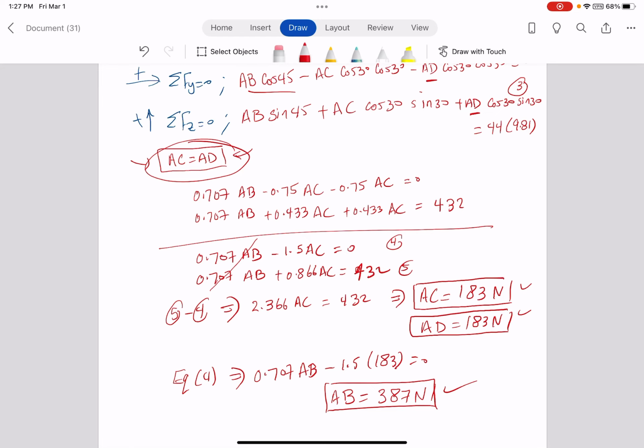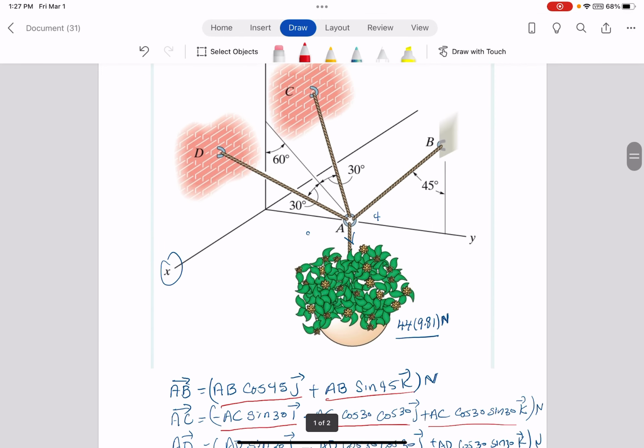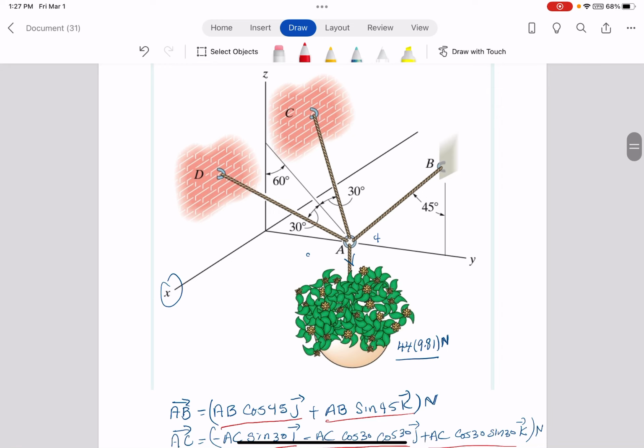Okay, so this is easy, but you have to look at the cables and how you could project this cable into this line. And from this line, this is going to be cosine 30. And from this line, the angle here is 30. So this is going to be cosine 30 here and sine 30, cosine 30 in the negative y and sine 30 in the positive z.